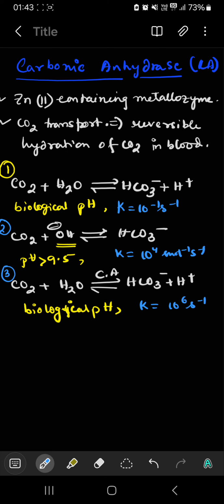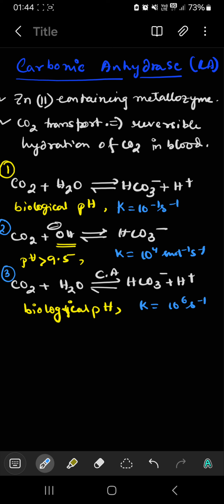So that is called the turnover number, per unit time per molecule of enzyme: how many substrate molecules are converted into bicarbonate. That turnover number is very high for carbonic anhydrase.